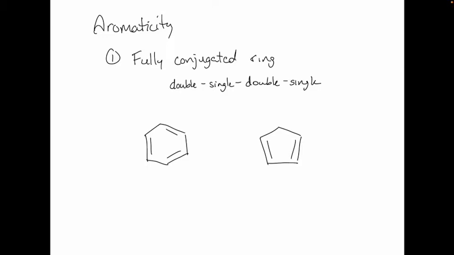I can tell that this one is fully conjugated on the left because each one of these carbons is associated with one double bond. When I get to this other one, I have these 4 that are indeed conjugated, but then I have this one right here that is not associated with a double bond at all, so that breaks that ring's conjugation.